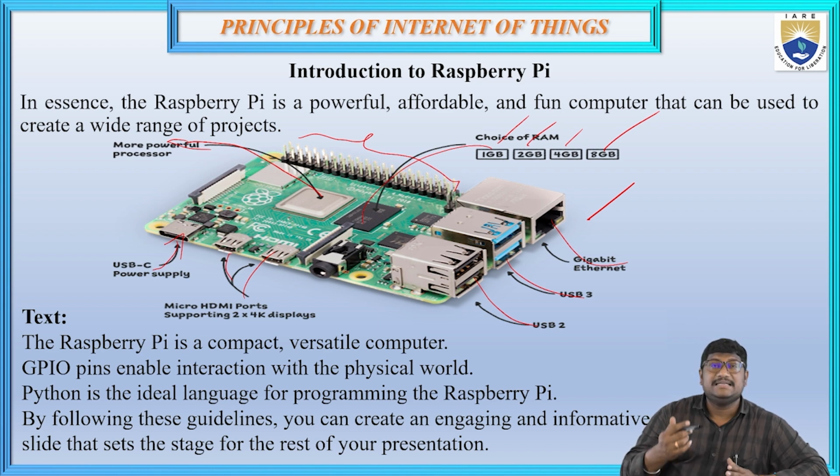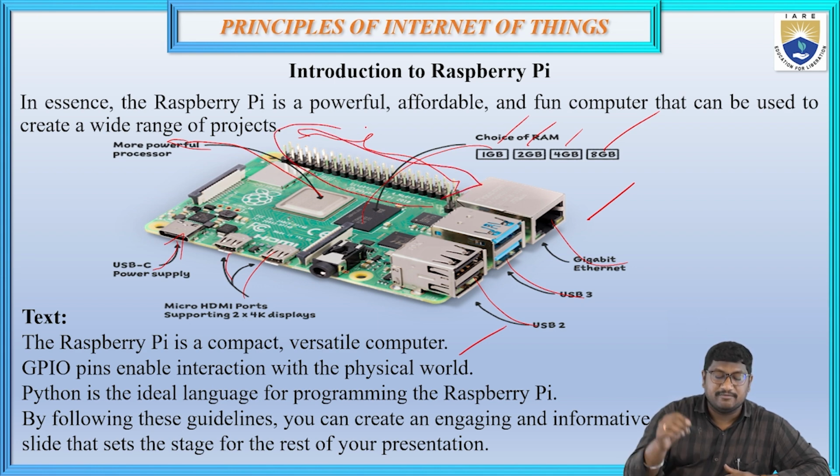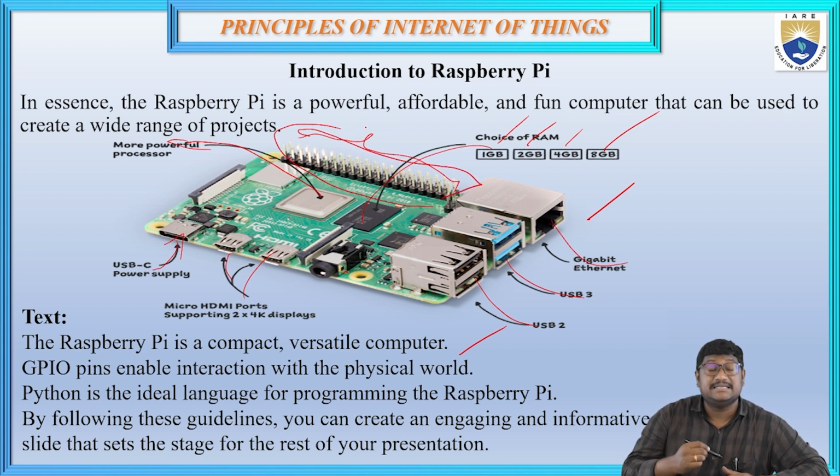As I told you, the Raspberry Pi is a compact and versatile computer. These are the GPIO pins, guys, which I have shown here. Once again, I am showing: these are the GPIO pins, which enable us to interact with the physical world.